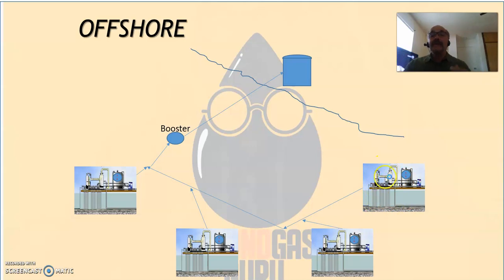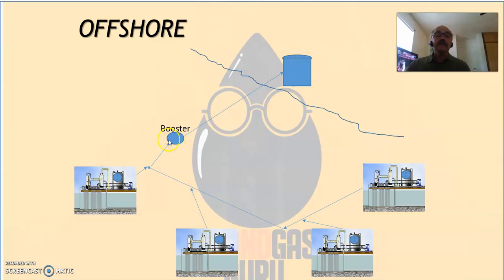the gas. The gas, after the scrubber, was going to the compressor, and the liquid right here in the tank is pumped with no gas. Oil and water were pumped by each one of the flow stations, and a booster, because they didn't have enough pressure to get to land onshore where the tank farm was.